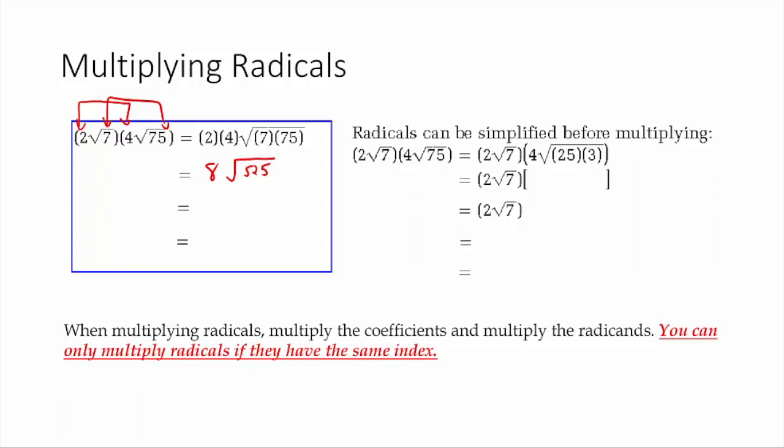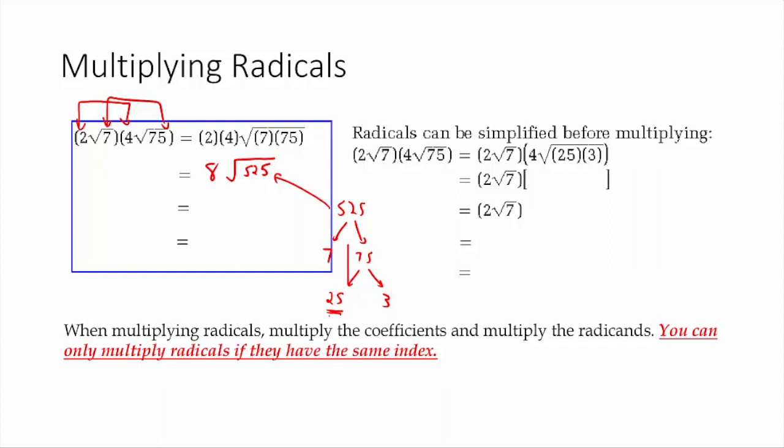This is where this particular method may bother some people, because if you don't reduce the radicals initially, you're going to get a big number like this. Now, it's not impossible if you know how to do factors quickly, and so when I look at this particular number here, what I see is, well, I got it by getting 7 times 75, and I also know that 75 is 25 times 3.